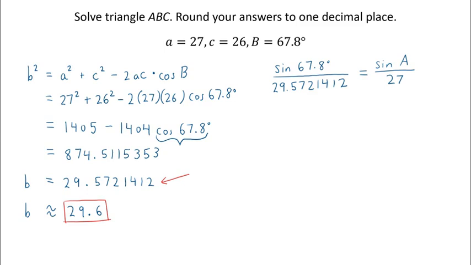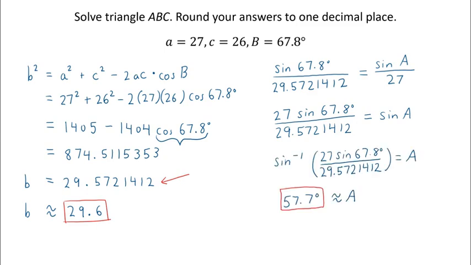Now let's solve this for angle A. Cross multiplying and solving for sine of angle A gives us 27 times the sine of 67.8 degrees divided by 29.5721412.